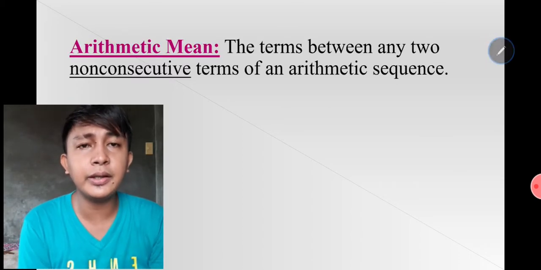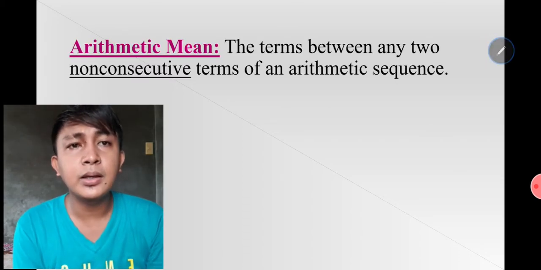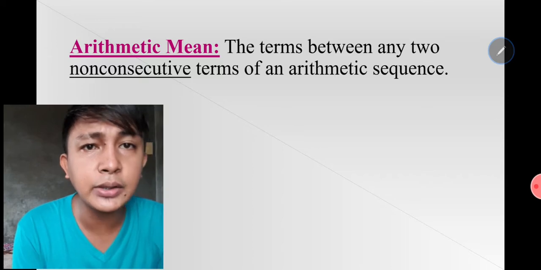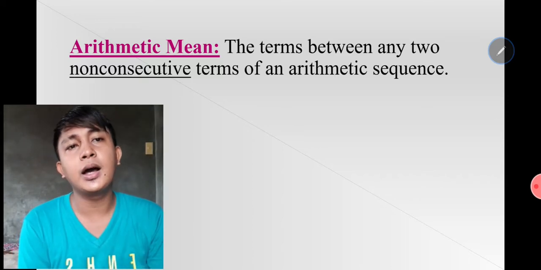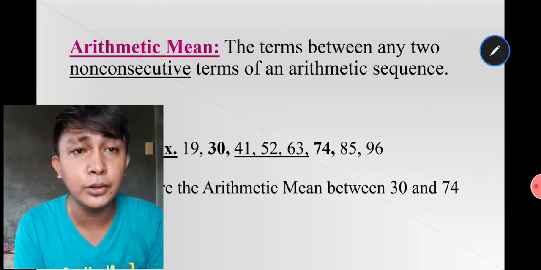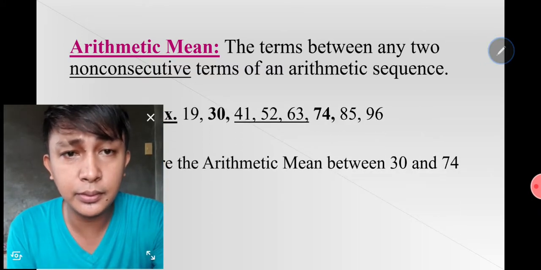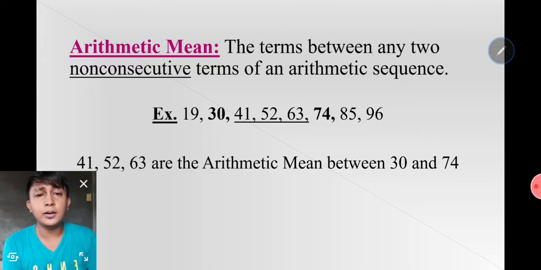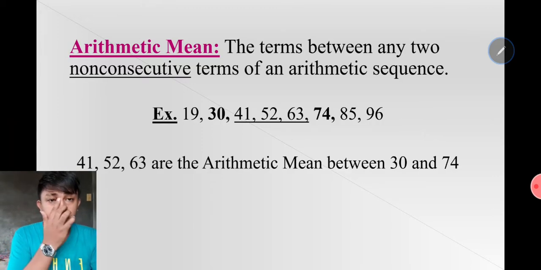So we define first arithmetic mean as the terms between any two non-consecutive terms of an arithmetic sequence. So what is that? Let's have an example. 19, 30, 41, 52, 63, 74, 85, 96.